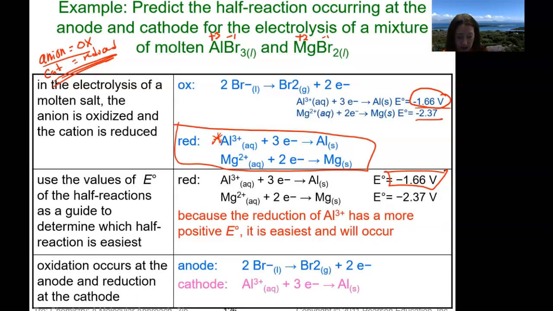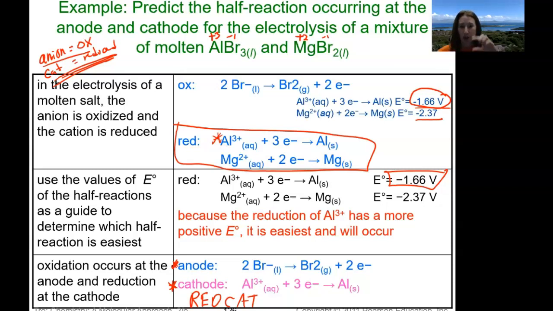So if we want to know what's happening at our anode and our cathode in this case, remember, reduction always happens at the cathode, red cat. So our reduction will be at our cathode and our oxidation will be at our anode. It's the same principle that we've been doing.